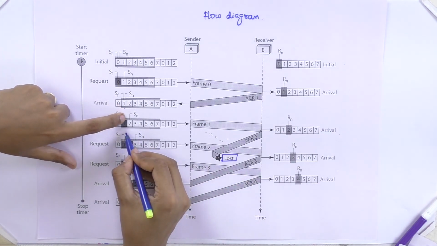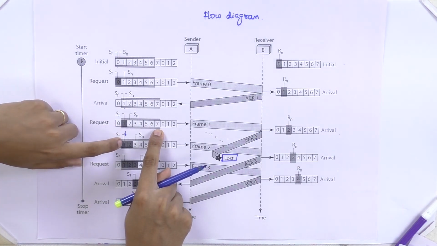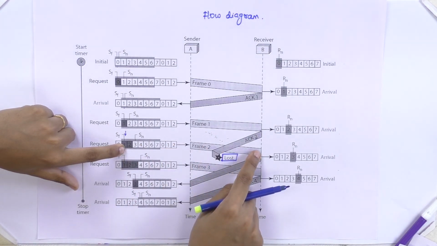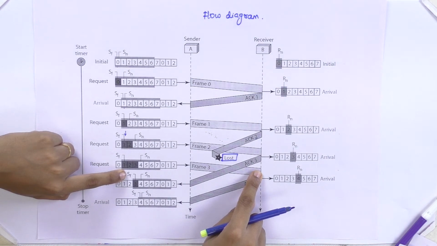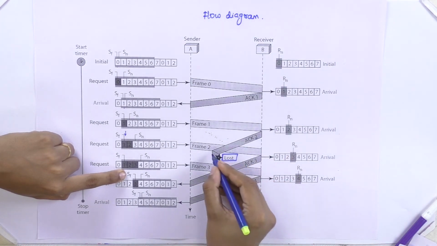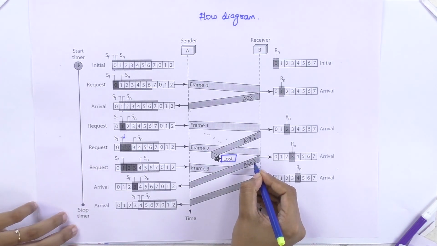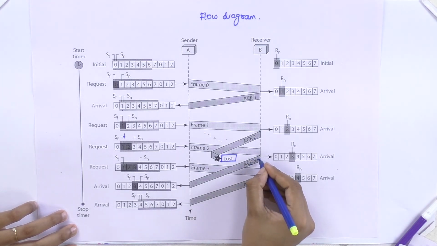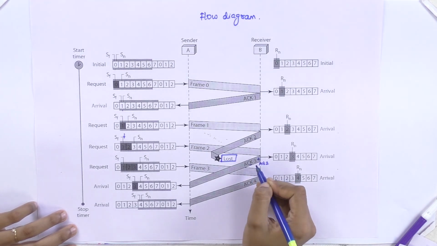So here, if you see, the window doesn't slide. Next the frame 2 will be sent and the frame 3 will be sent. When I get the acknowledgement for this frame 2, that is acknowledgement 3, this acknowledgement as a whole tells that acknowledgement 2 has arrived too.